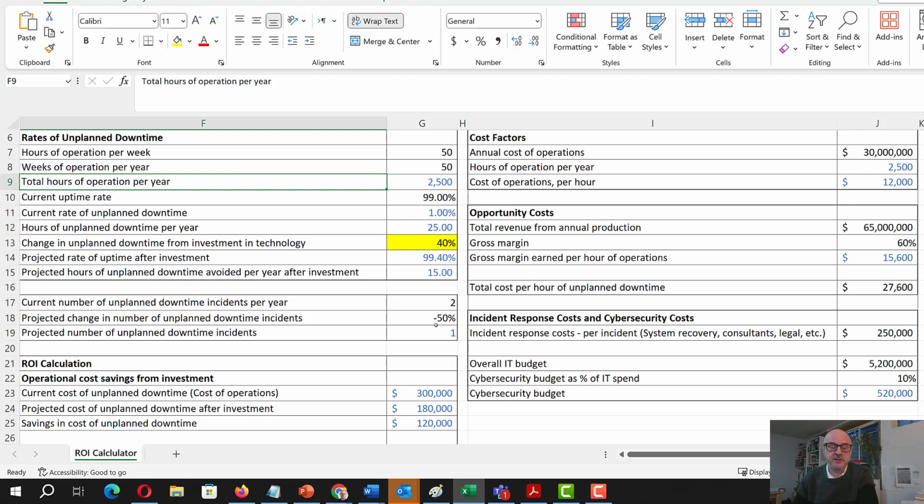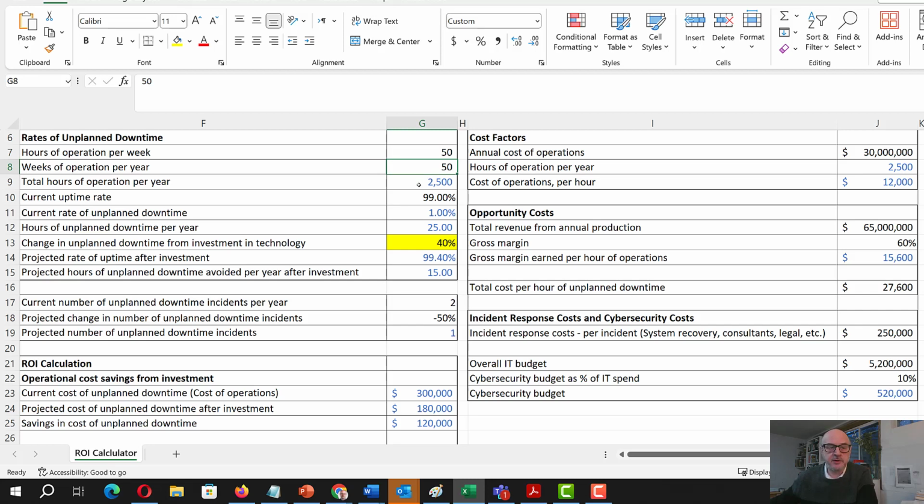So the first thing to do is to figure out what is the cost of an hour of unplanned downtime. So we have in this ROI calculator, the black cells you can input, the blue cells are formulas. They can't be changed. In this case, we're making assumptions. We ask, how many hours per week is your business in operation? 50 hours a week. How many weeks a year are you operating?